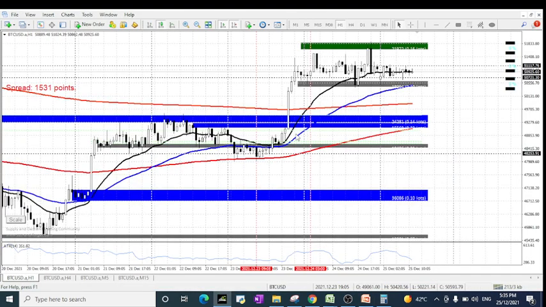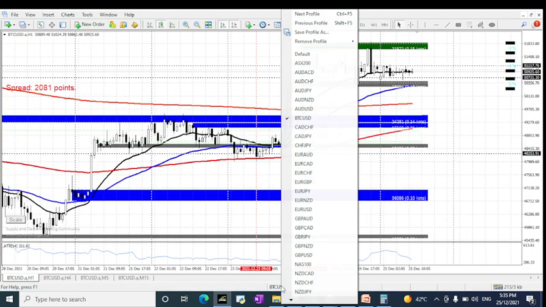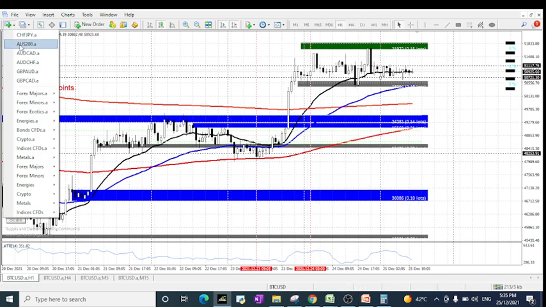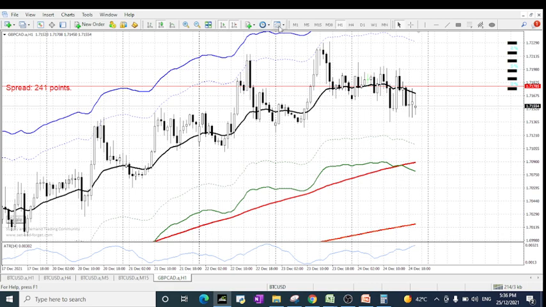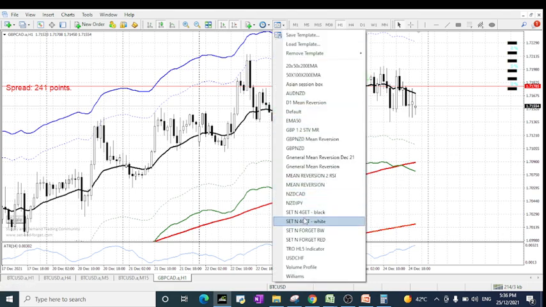For me, let's go to a chart. Let me open a Pound Canadian dollar chart. So let's get rid of all these indicators.